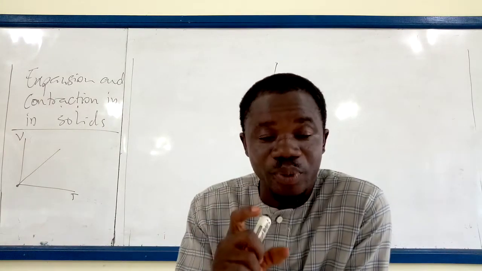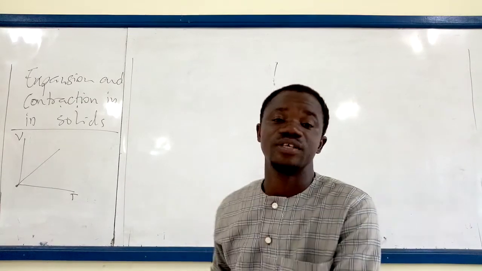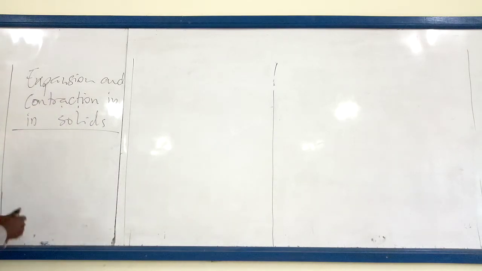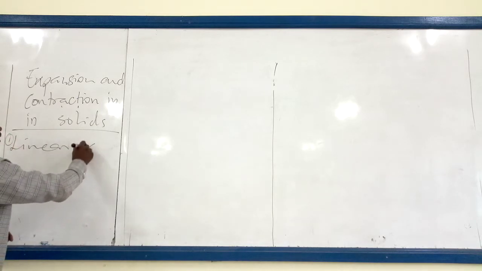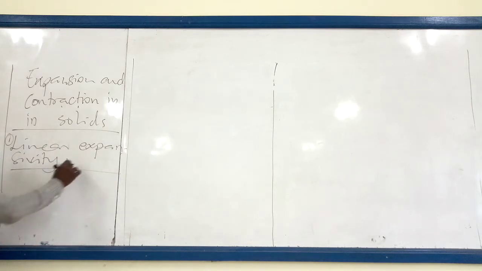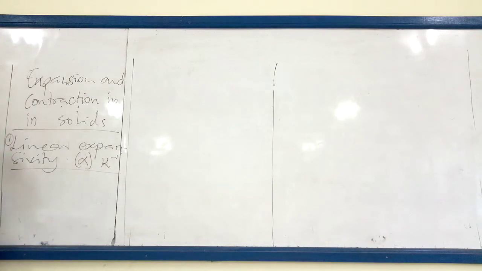We call that property the linear expansivity of a solid. So we begin with linear expansivity. The symbol for linear expansivity is alpha, and the unit is per Kelvin or per degree Celsius. A change in temperature is the same, whether in Kelvin or in degrees Celsius.